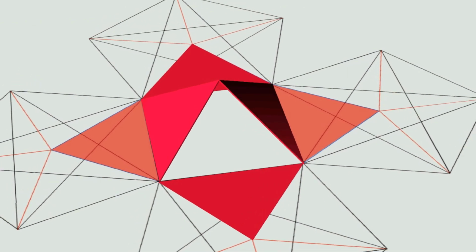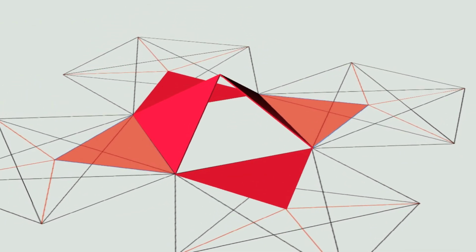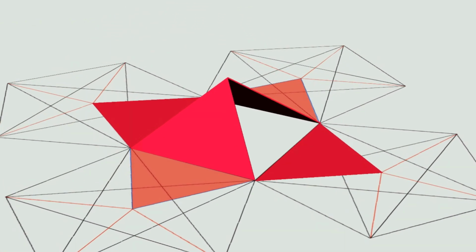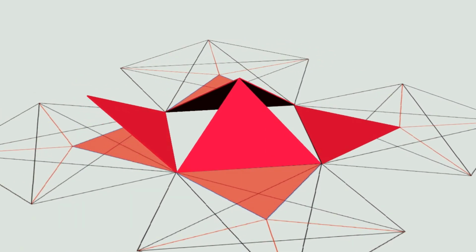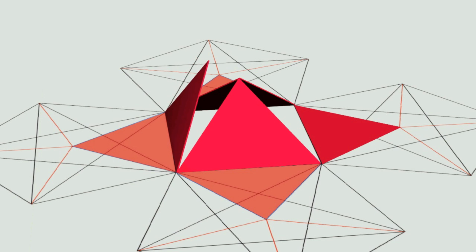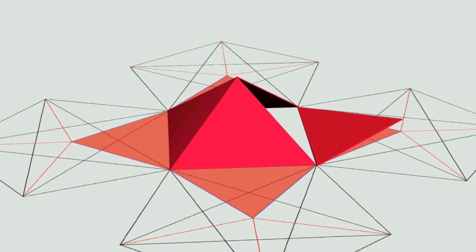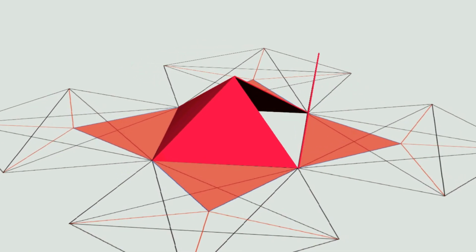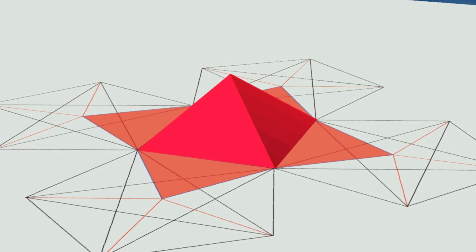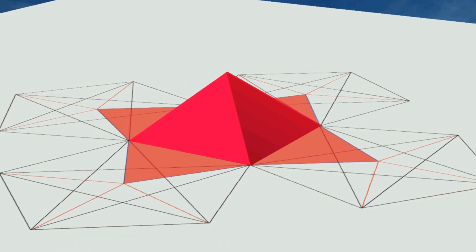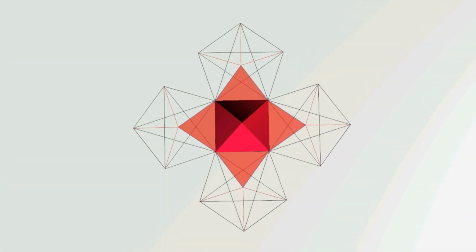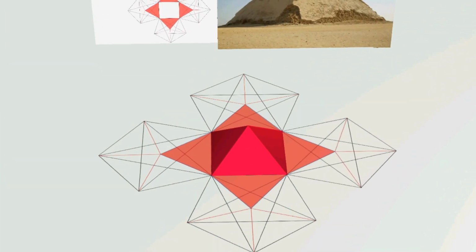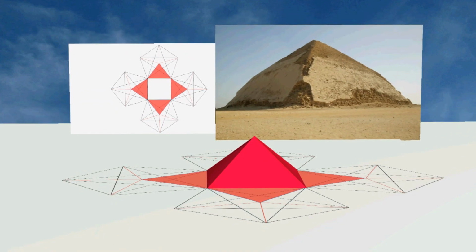So we fold those in, and what we get is the top portion of the bent pyramid. Now we have the 5, the pentagon, and we'll come to the 6 or the hexagon as well. So 4 pentagons from their centers, the triangles, which are 1/5 of a pentagon. There we have the top section of the bent pyramid.